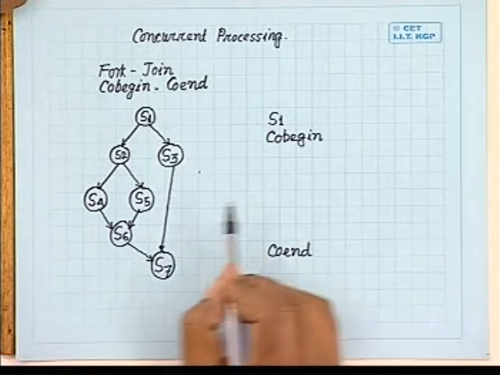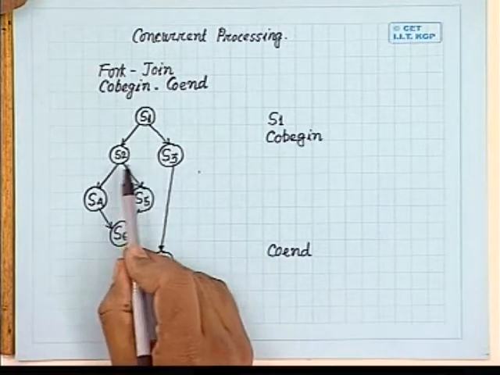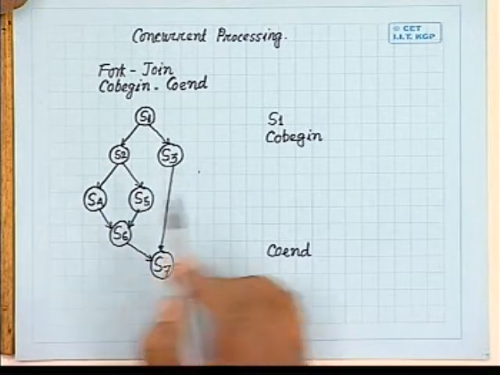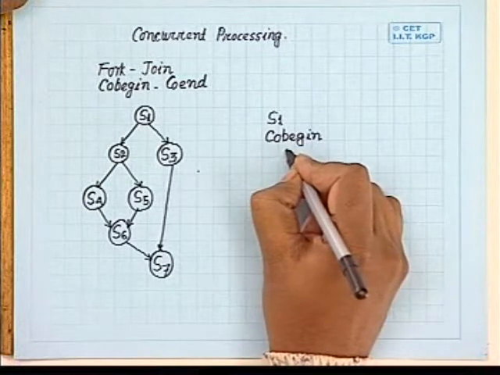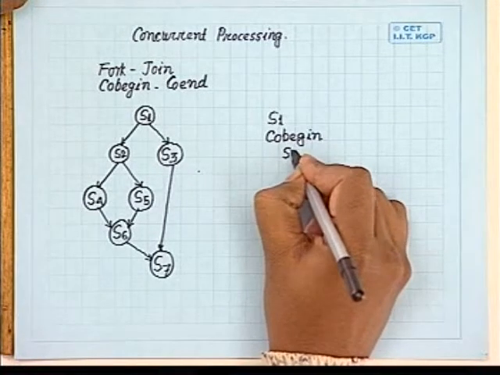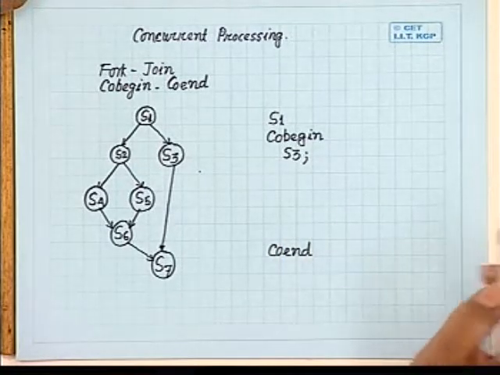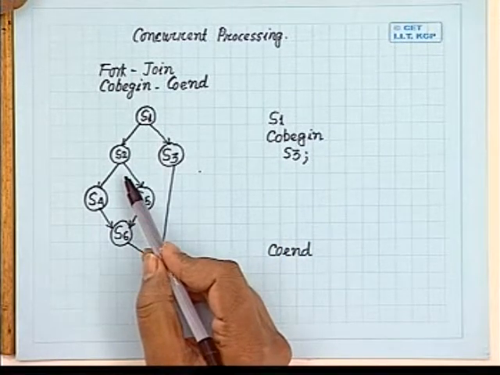Now here we have two processes, one is S2, the other one is S3. So we create two processes. One process will execute statement S3 and the other process should execute statement S2.